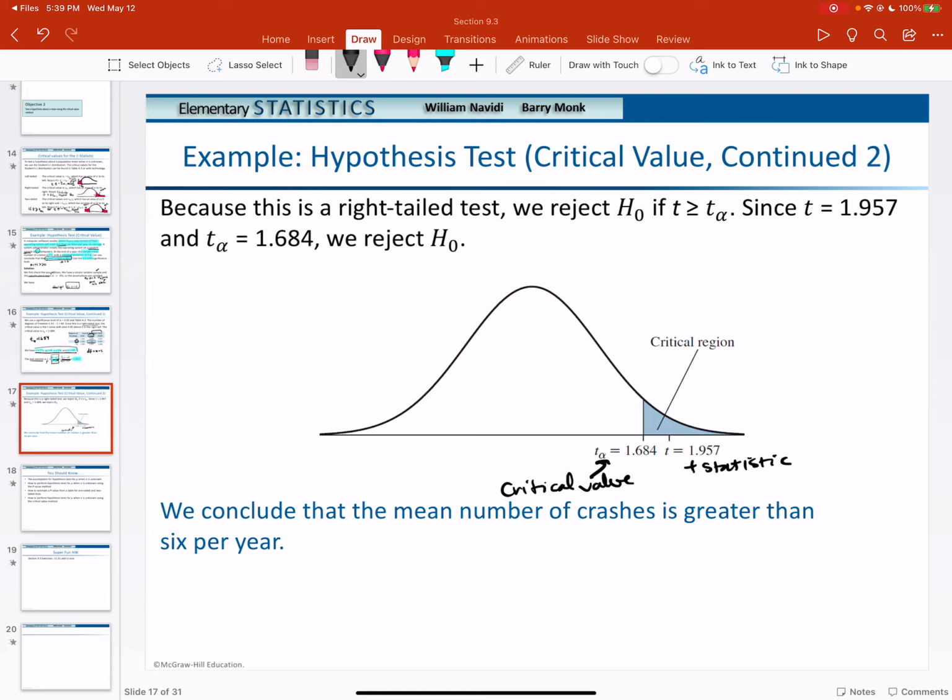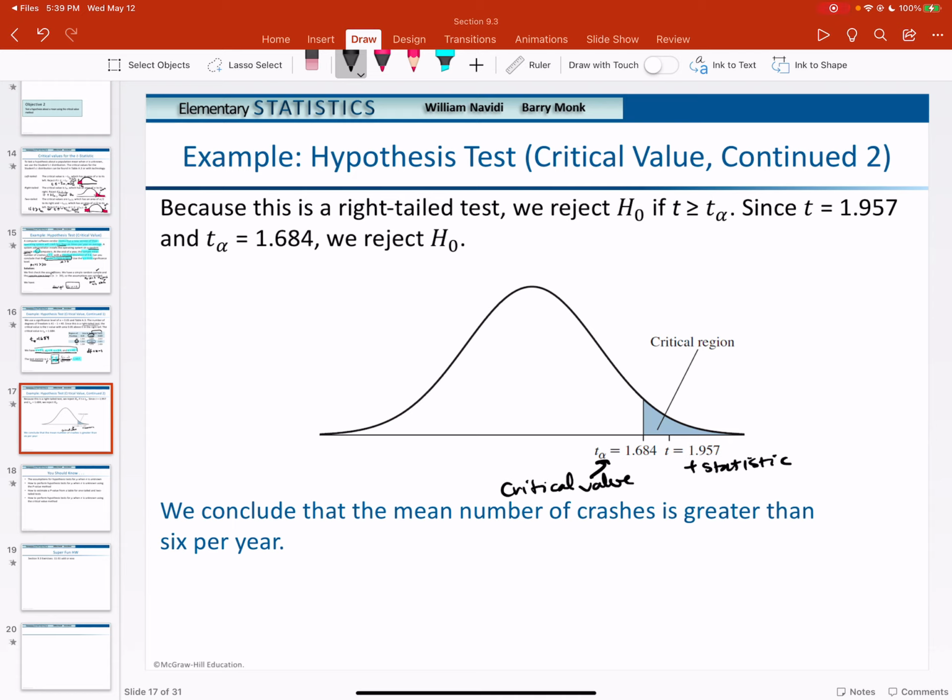Somebody might ask, how do I know the difference? There are two t's. Well, the critical value comes from the chart. It's connected to the area in the right tail, and it also depends on your degrees of freedom. That's apart from the problem itself.